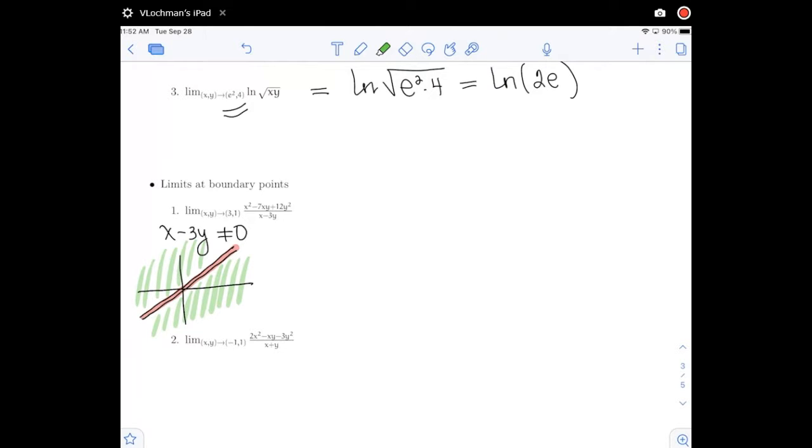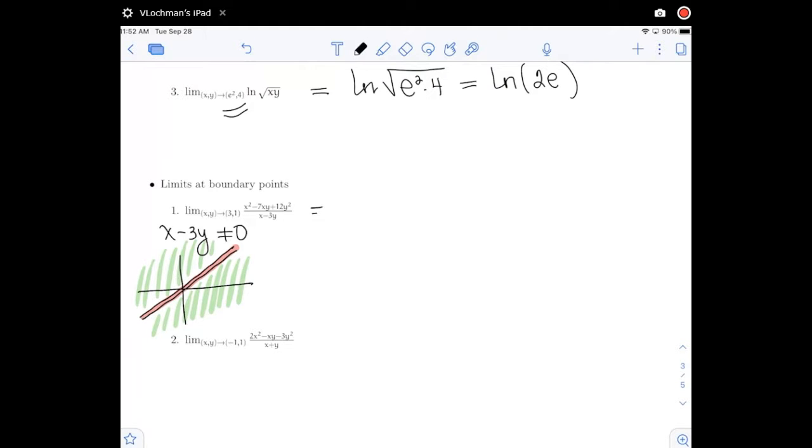Okay, so what if we still want to compute this limit? Because the limit might still exist, right? So if you remember from calculus 1, we could have a function undefined at certain values, but the limit still exists. Well, let's see how we deal with this. Let's go ahead and just plug these values in.